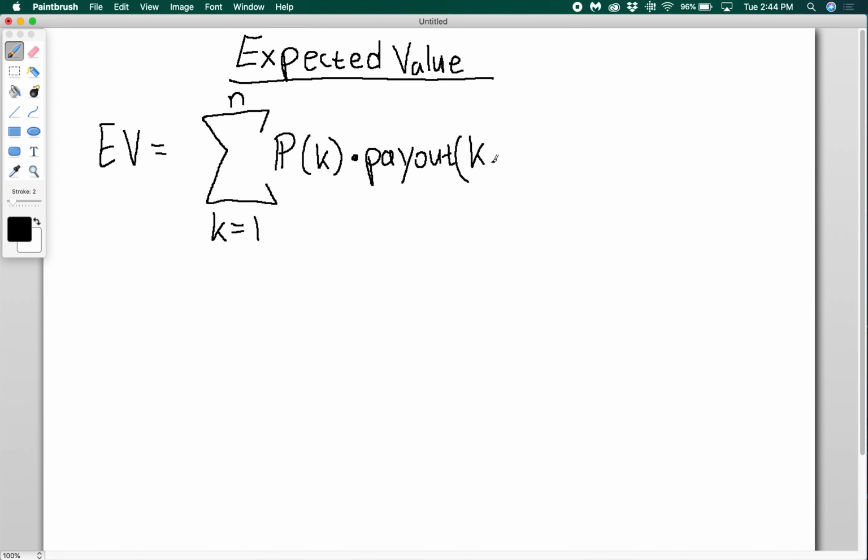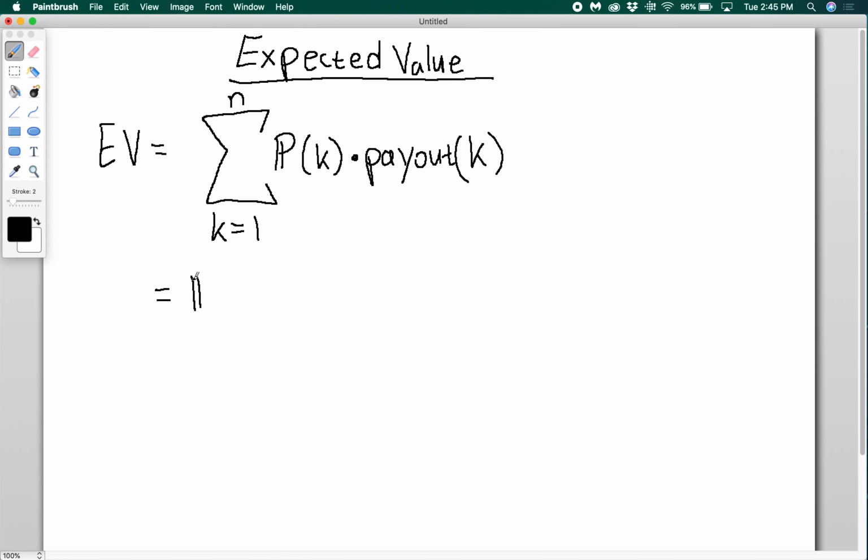of getting k. So in our case with the dice rolling game, we looked and said, okay, how many different outcomes are there? There were really just 3 different outcomes, right? I could either lose $50, win $10, or win $100. So let's say that outcome number 1 is that I lose $50.